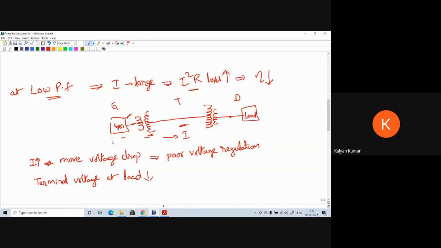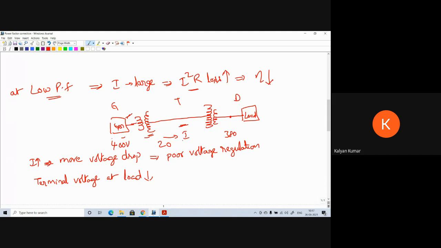Suppose if you are generating 400 volts, due to the voltage drop in the transformers, transmission lines and alternators, if 20 volts becomes a drop in the lines, then we are going to get 380 as the terminal voltage at the receiving end.